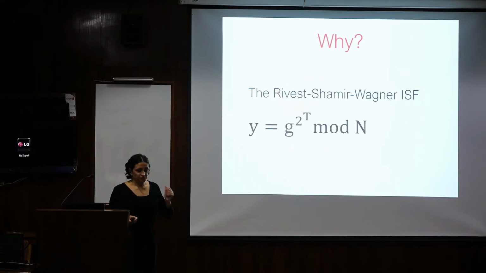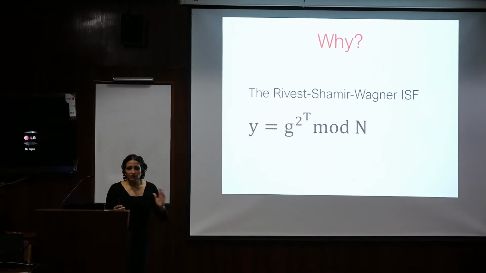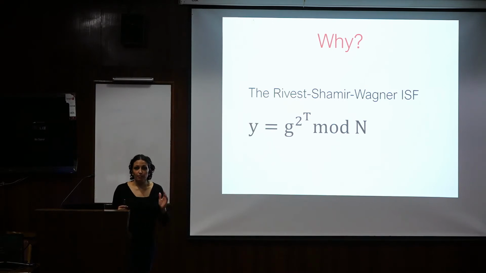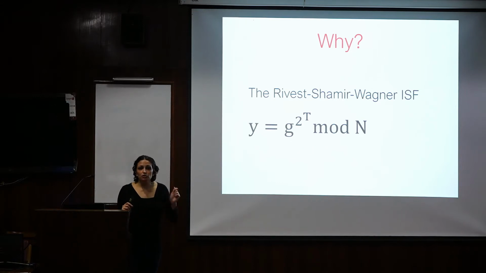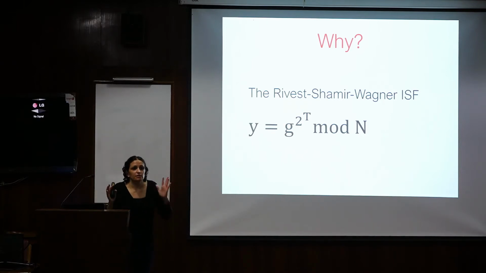Why do we want to do that? So let me give you a toy example. Here is a function that is provably shown to be inherently sequential, meaning that if I give you a very large integer, say of size 2 to the t, computing this function will require t sequential steps. And you shouldn't be able to use, let's say, dedicated hardware to improve the computation or parallelize it.